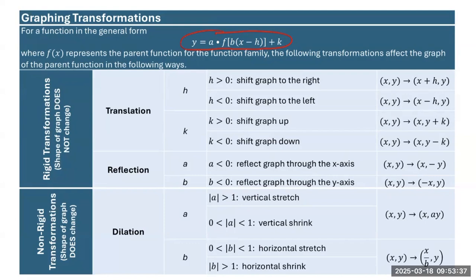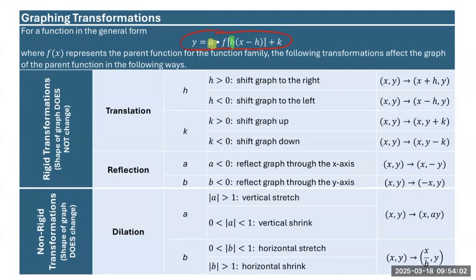And you can see here that basically there are four different numbers that get inserted in. There is an a value out here, which is getting multiplied to the front of the function. There is a b value, which is also getting multiplied, but it is happening inside of the function.